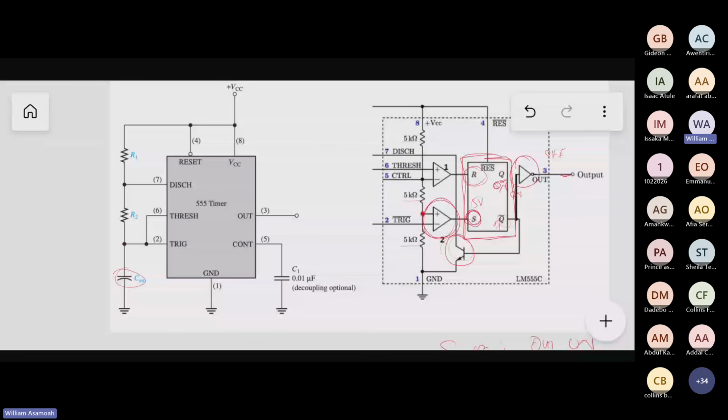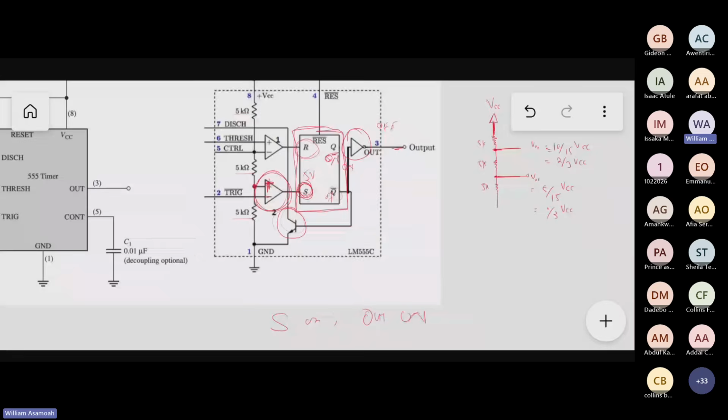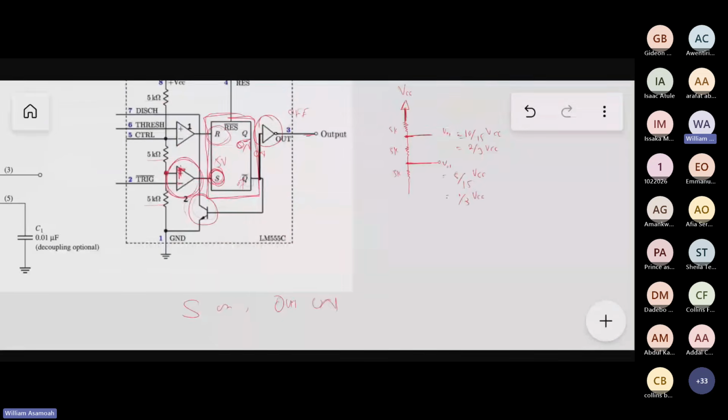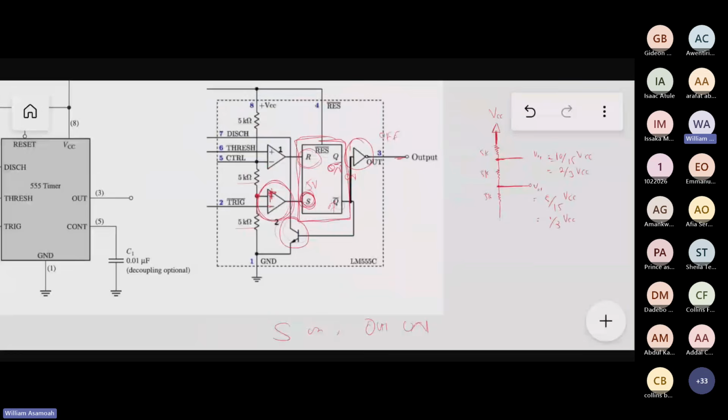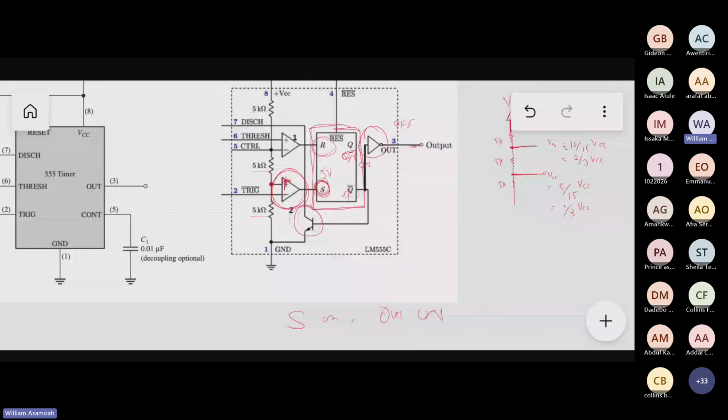So this capacitor voltage is low, and the voltage at the positive input here becomes higher than the negative. That means it will stay on and then S will be on. When S is on, the output will be on. Is that right?